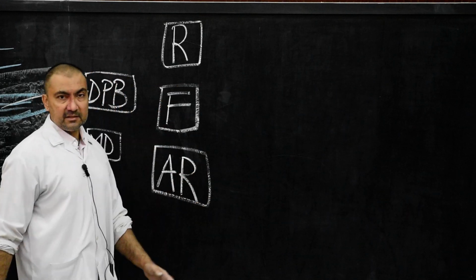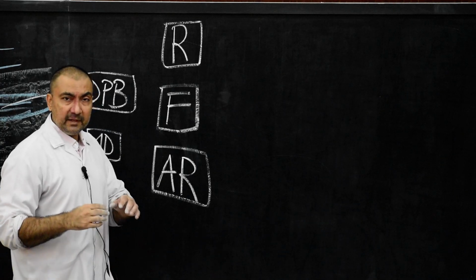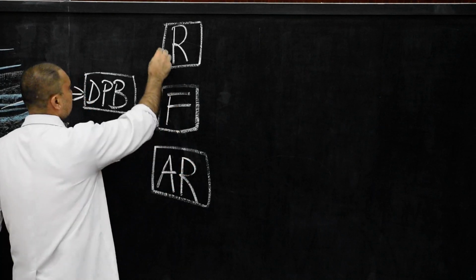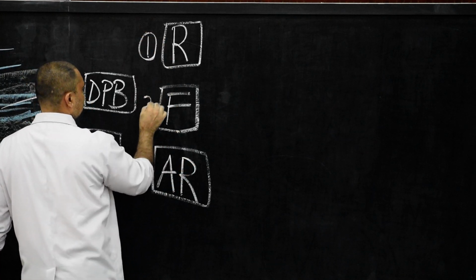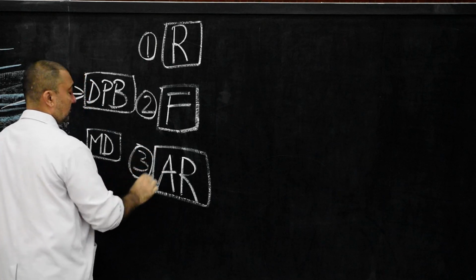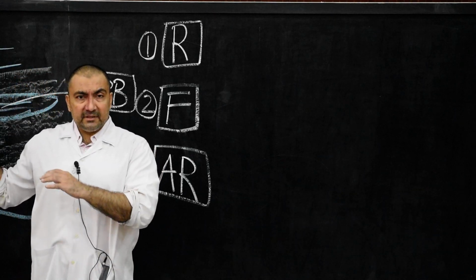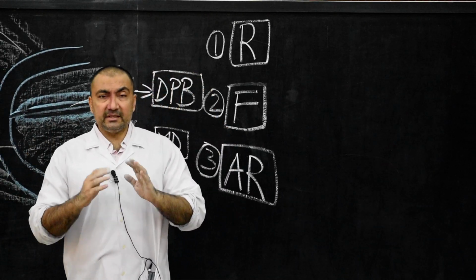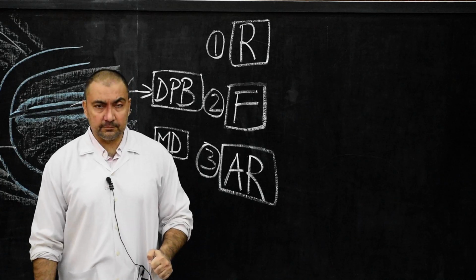These are the three changes that take place when the primitive duodenum is converted into the definitive duodenum. So first rotation, second fixation, and third axial rotation.